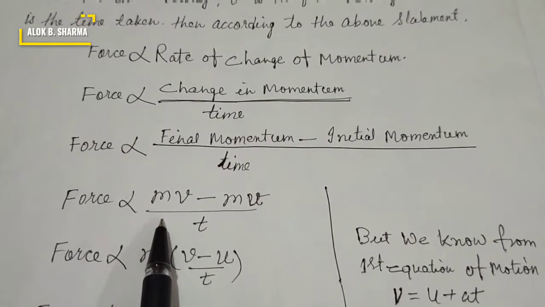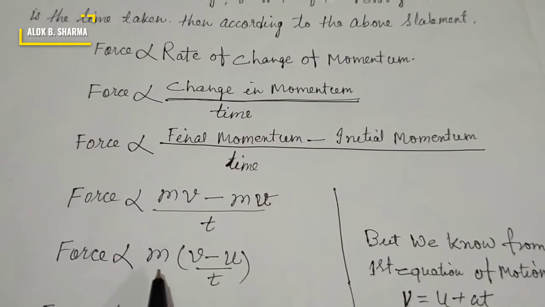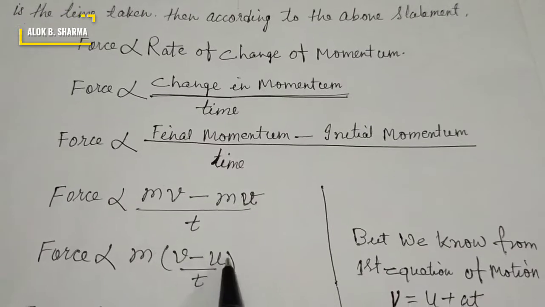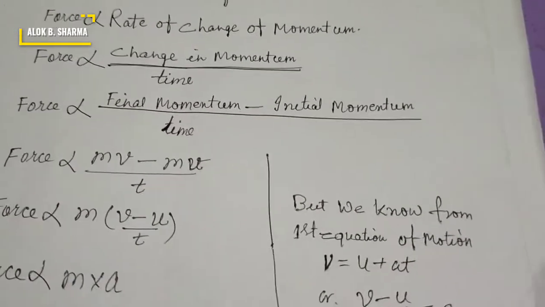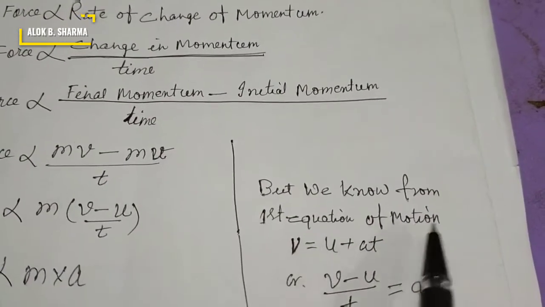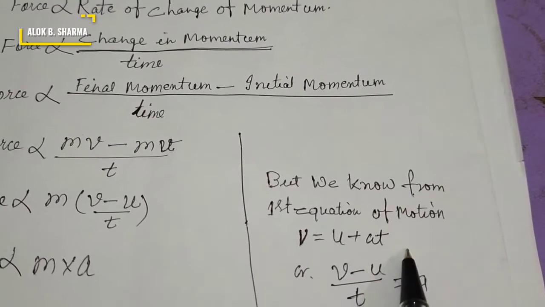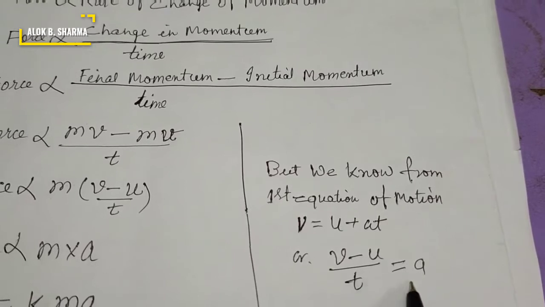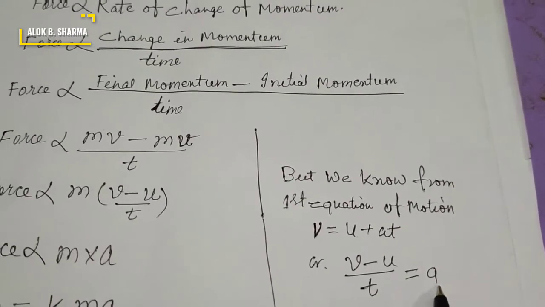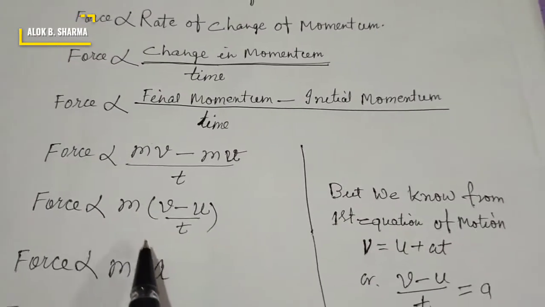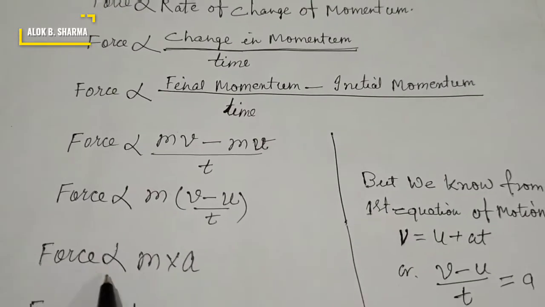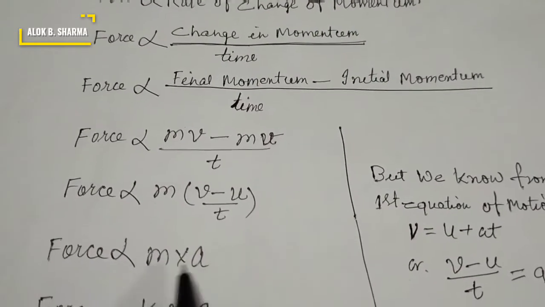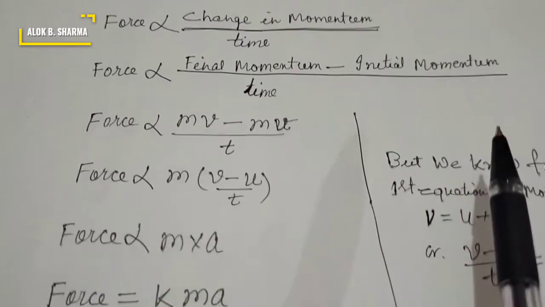M is the same, so it is taken common: m times v minus u by t. We studied in the first equation of motion that v equals u plus at, and transposing this we get v minus u upon t equals a. Now we substitute this in the above equation. So force is directly proportional to m into a, that is, mass into acceleration.